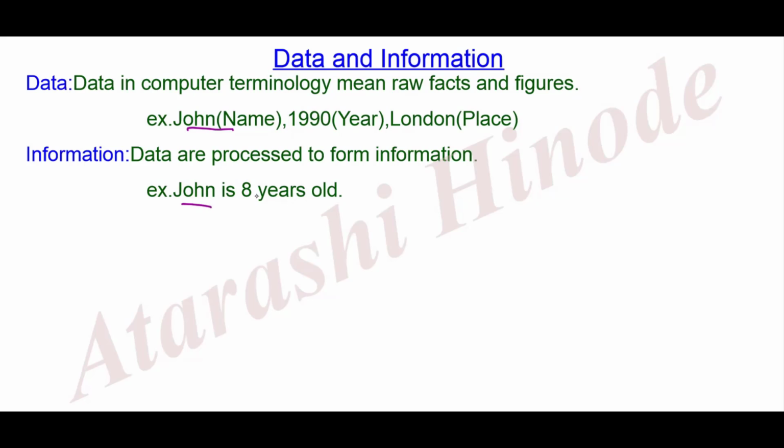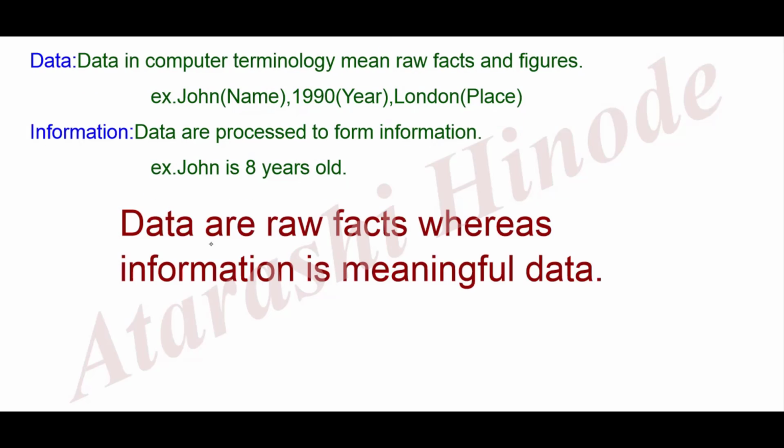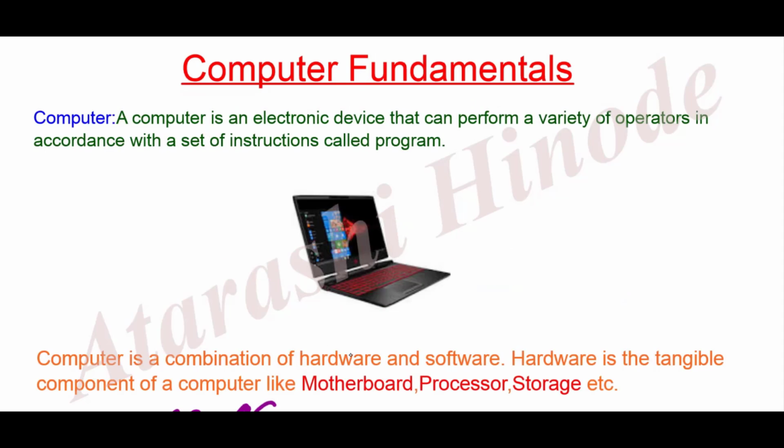So information includes data and it is processed. We can conclude that information is processed data and it conveys meaningful information to the reader. Data are raw facts whereas information is meaningful, processed data.